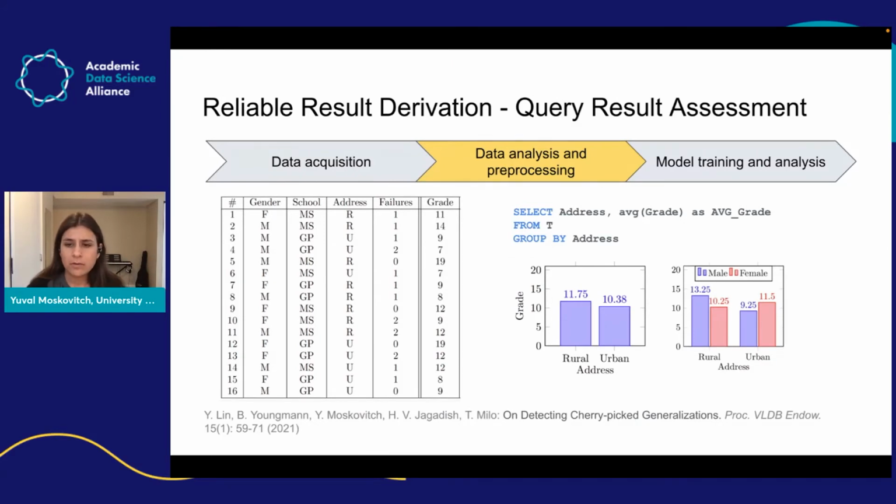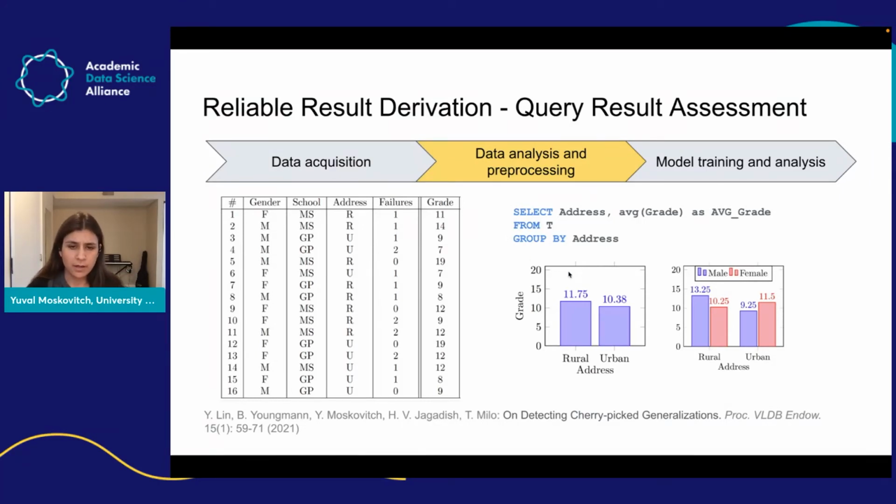But if we take a closer look at the data, we will see that this is not the case for female students, which are 50% of the data in this case. And the question is then, how can we assess the quality of the result of such queries? So we propose a scoring method that quantifies the quality of a query result.